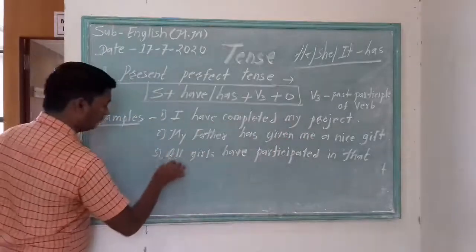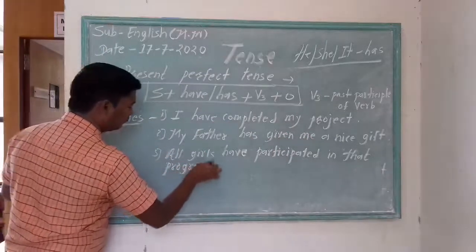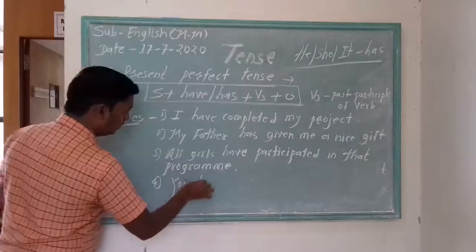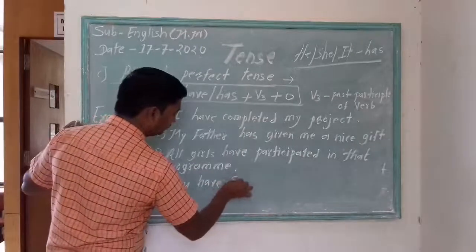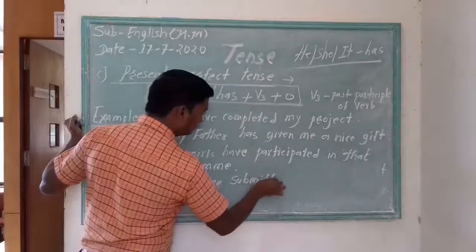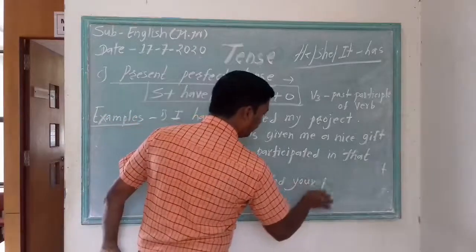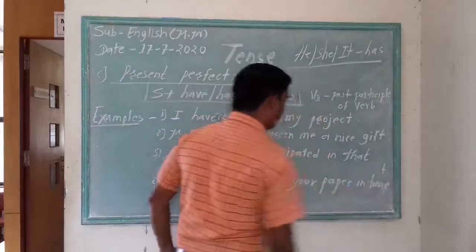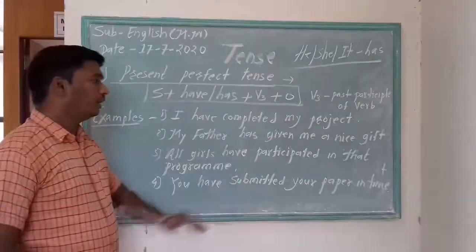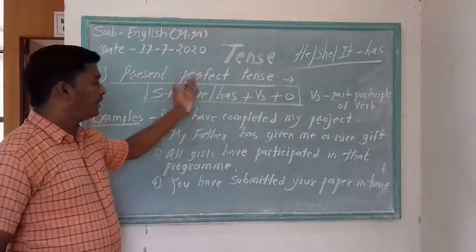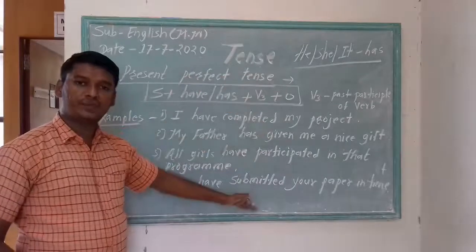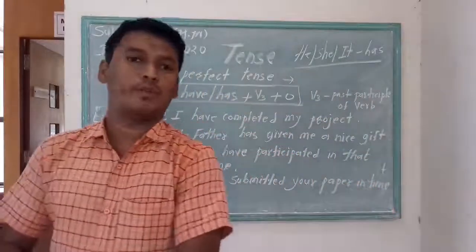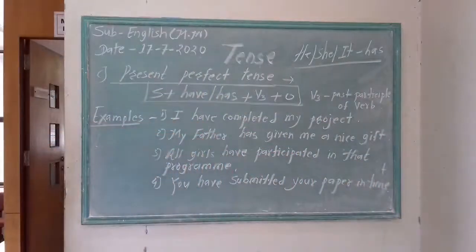Fourth: You have submitted your paper in time. Okay. These are the four examples of present perfect tense. After the structure, write down these four examples. Then I will give you one important note regarding the uses of have and has.